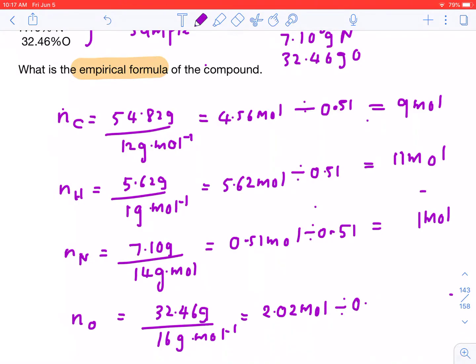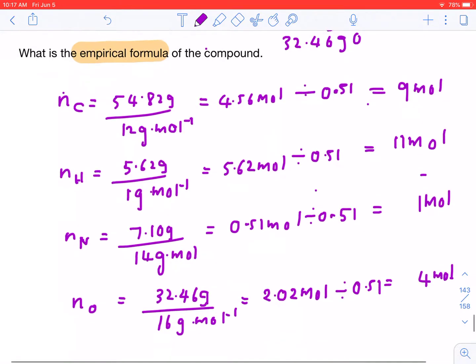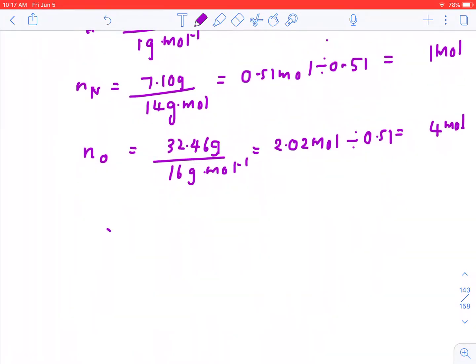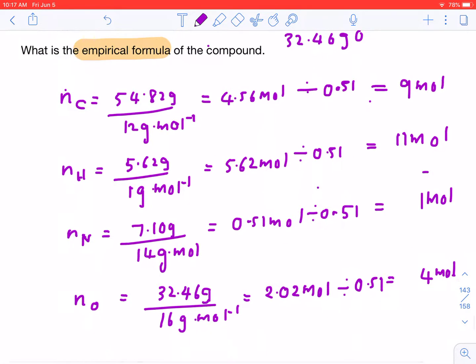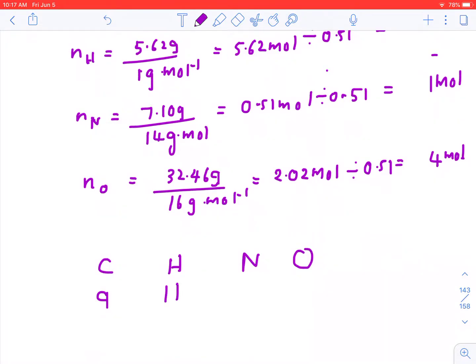Divide by 0.51, and that gives us 4 moles, which I've rounded off. It comes to actually 3.96. If we look at this, we've got C, H, N, and O, so here we got 9, 11, and 1 and 4.